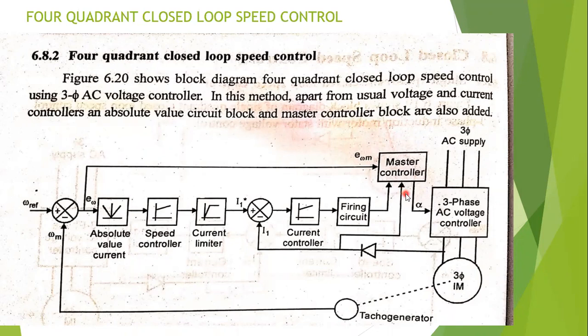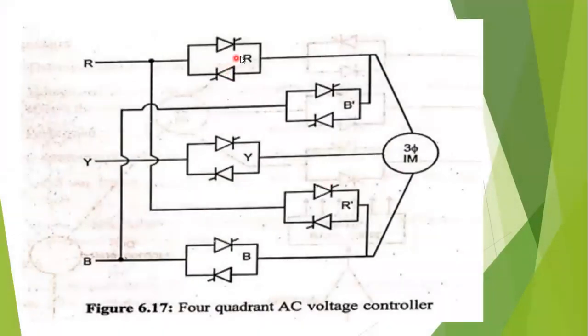It withdraws the gate pulses to the SCR set R, Y, B, forcing the current to 0. Understood? The SCRs in this 3-phase full wave voltage controller, the set R, Y, B, are withdrawn, and the current is forced to 0.